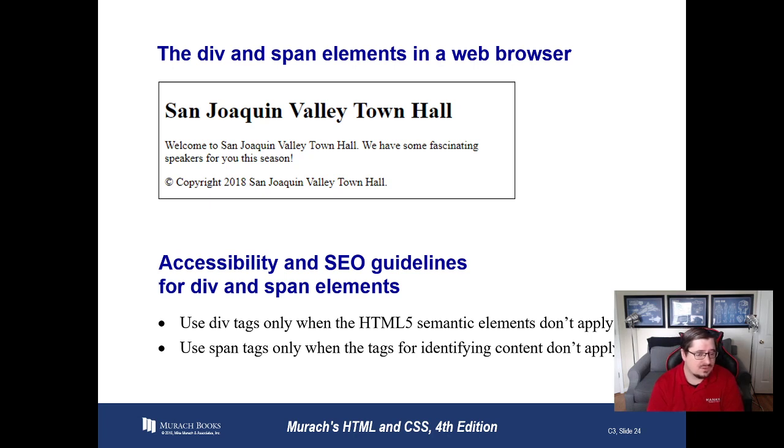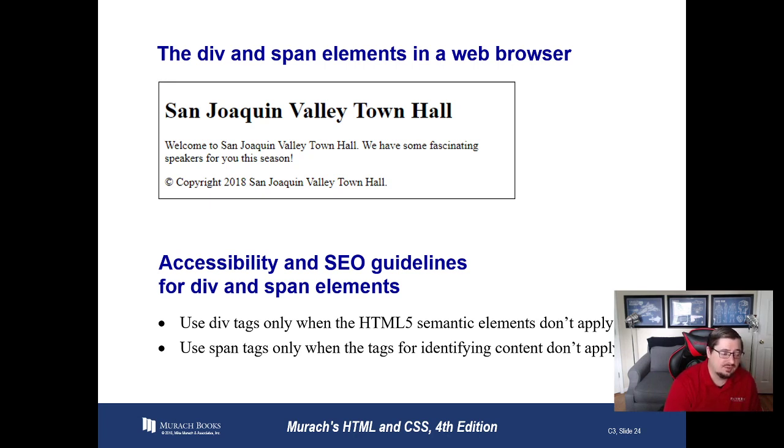Okay, so general guidelines in terms of accessibility as well as SEO when you're working with div and span. You should only use div tags when there isn't an HTML5 semantic tag that applies. Okay, so if you need a block tag that doesn't have any sort of styling, any sort of semantics, then great. But if where you're using a div tag a semantic tag would apply, use a semantic tag instead.